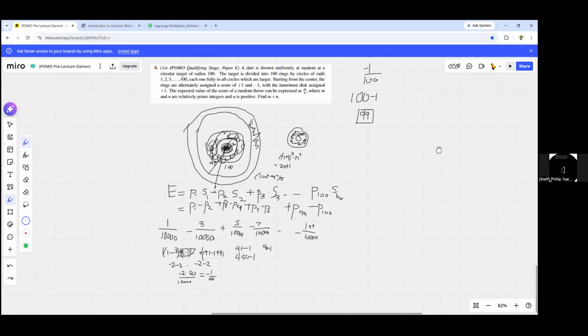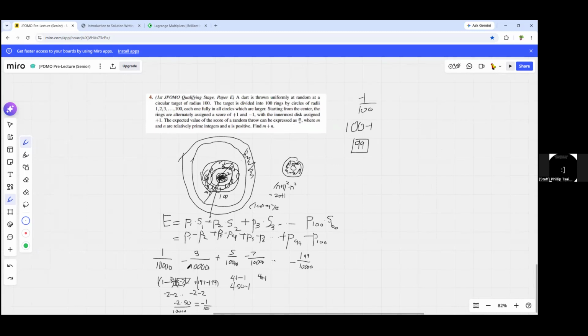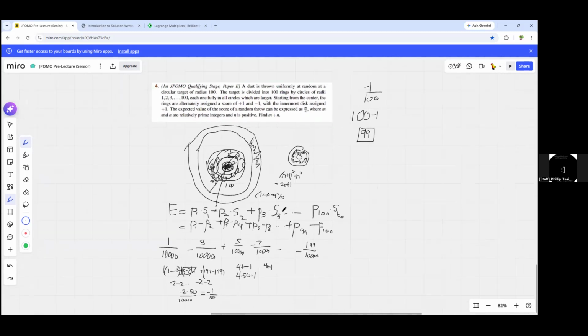Thus we found the expected value. Does anybody have any questions? Because we're going to start moving on to the proof problems.